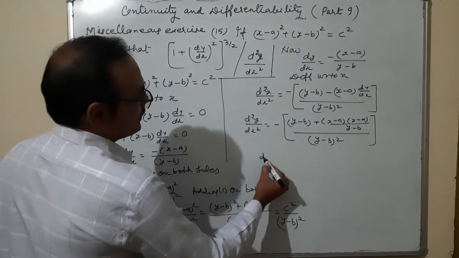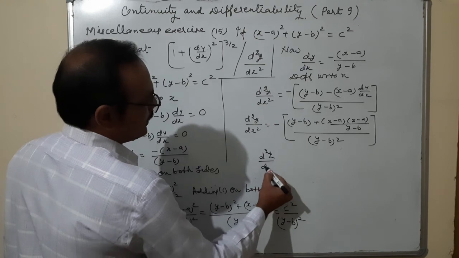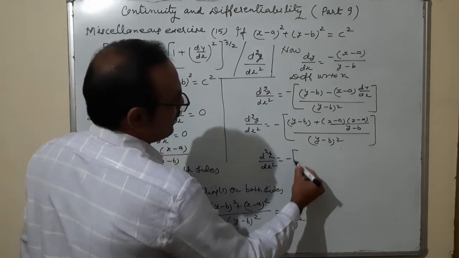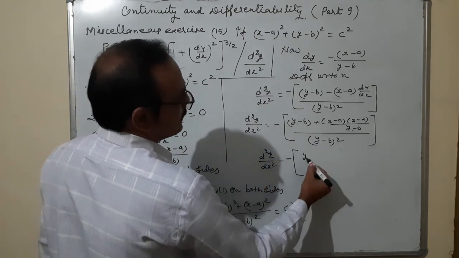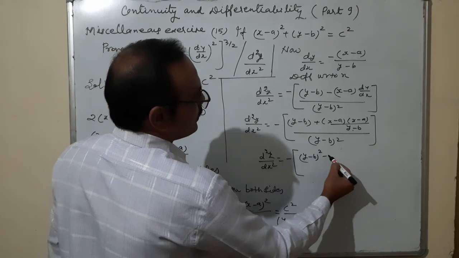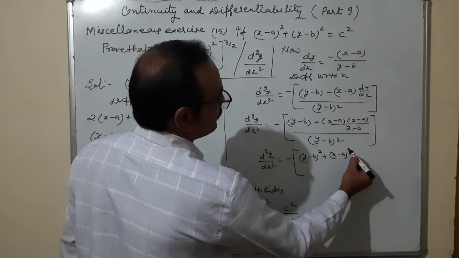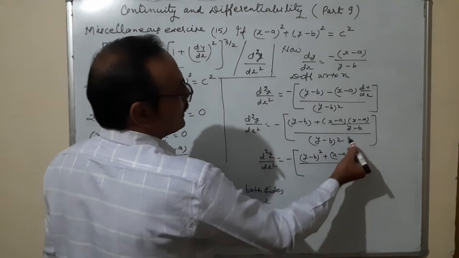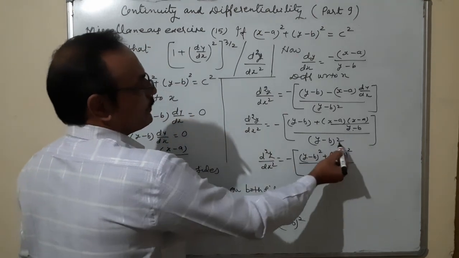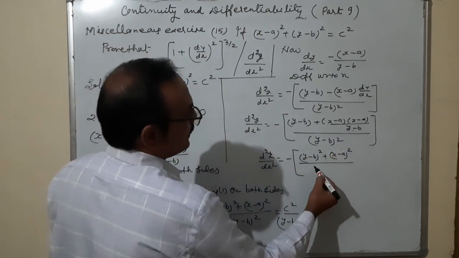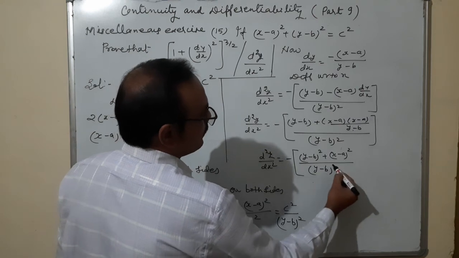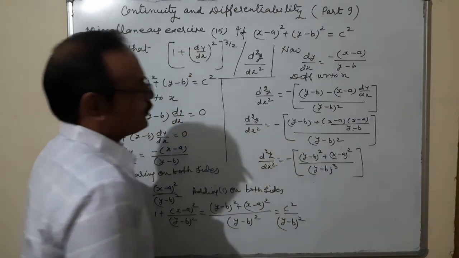So that means d square y by dx square is equal to minus, taking LCM, (y minus b) whole square plus (x minus a) whole square upon (y minus b) to the power 1 and (y minus b) whole square. So we'll write here (y minus b) to the power 3. Is it okay?